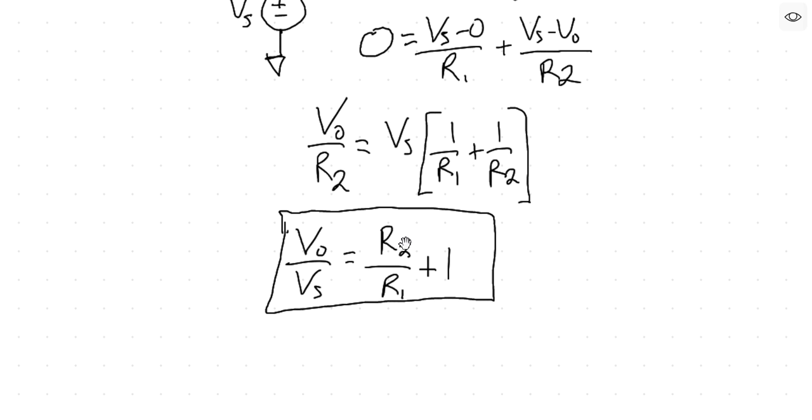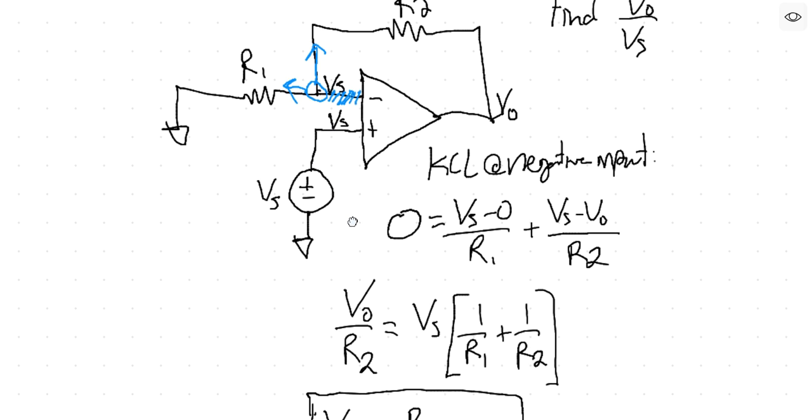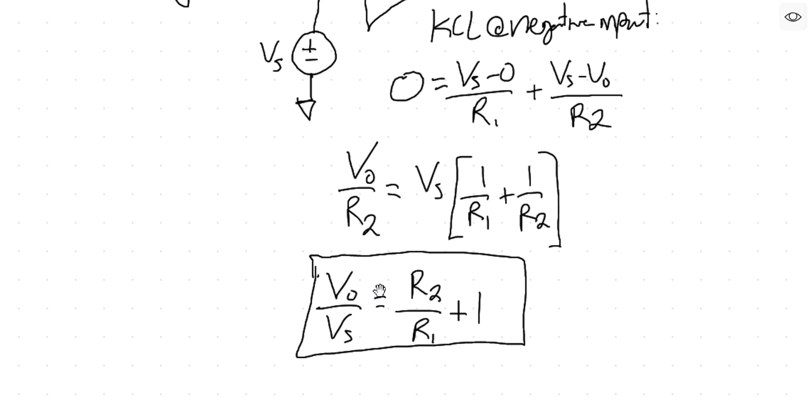So let's do a sanity check real quick. Will this ever be negative? Well, no, because resistances won't be negative, right? And that's what we expect when we just look at this. We say, oh yeah, V source is feeding the positive input, so we better not get a negative gain equation. There you go. So again, this is another thing that you could potentially memorize.